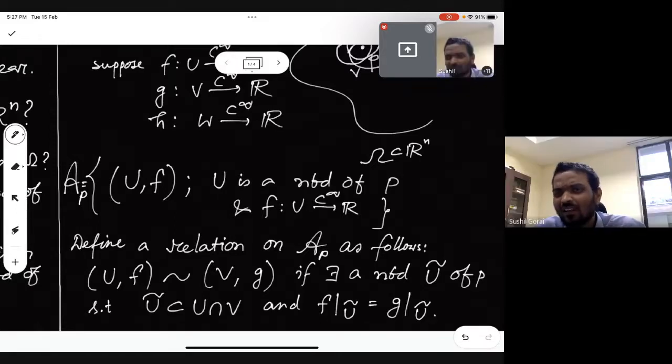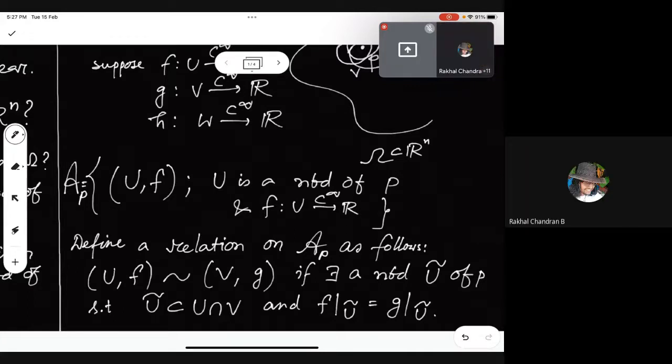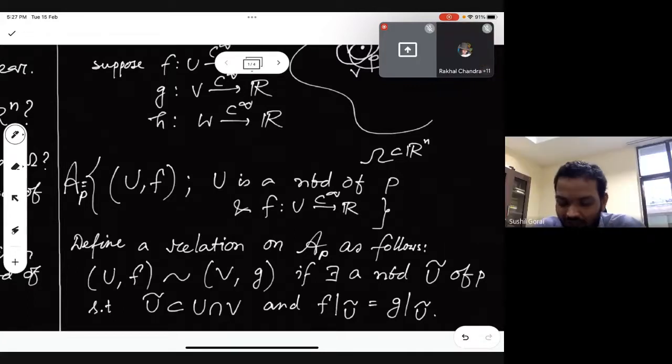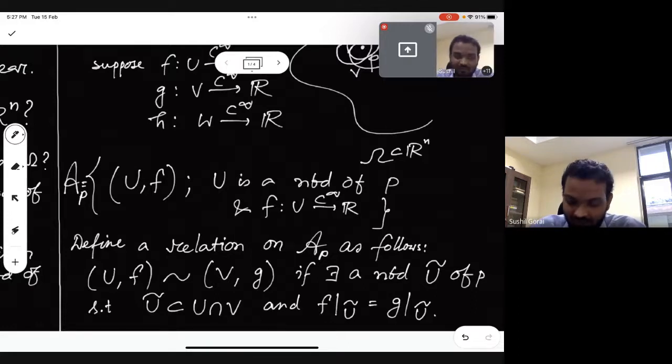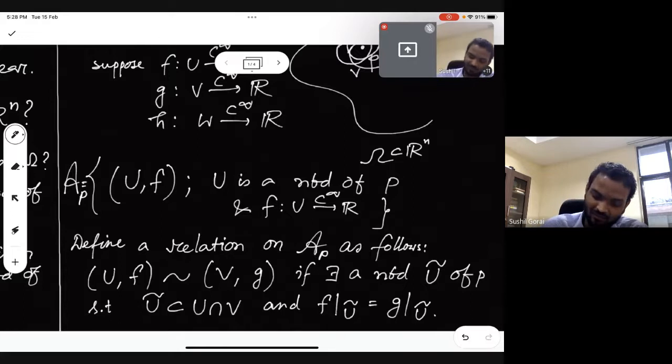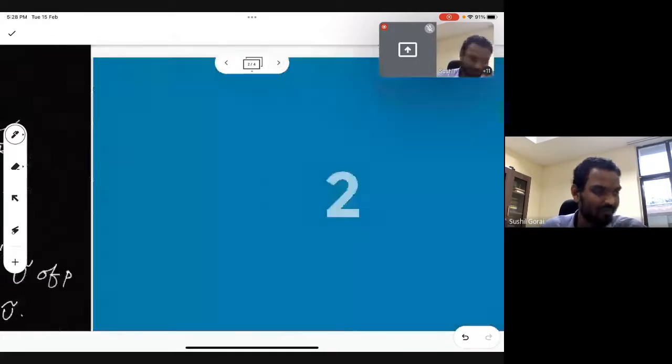P is there, so it's automatically non-empty.